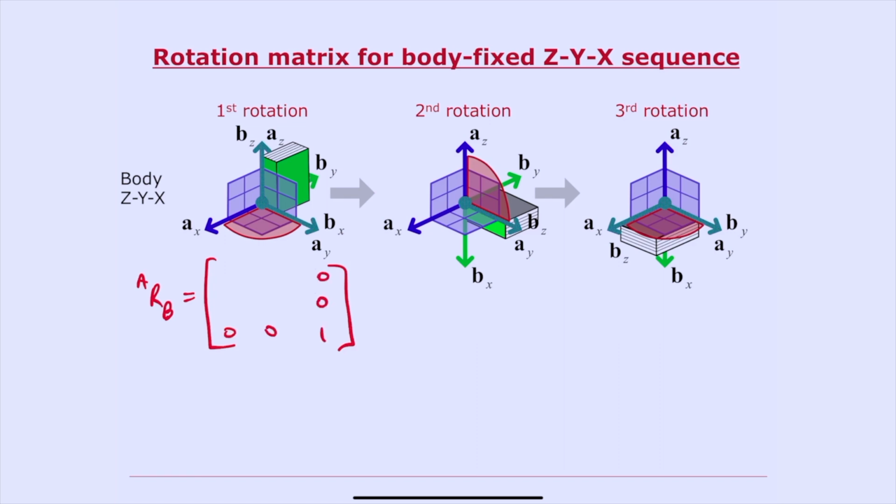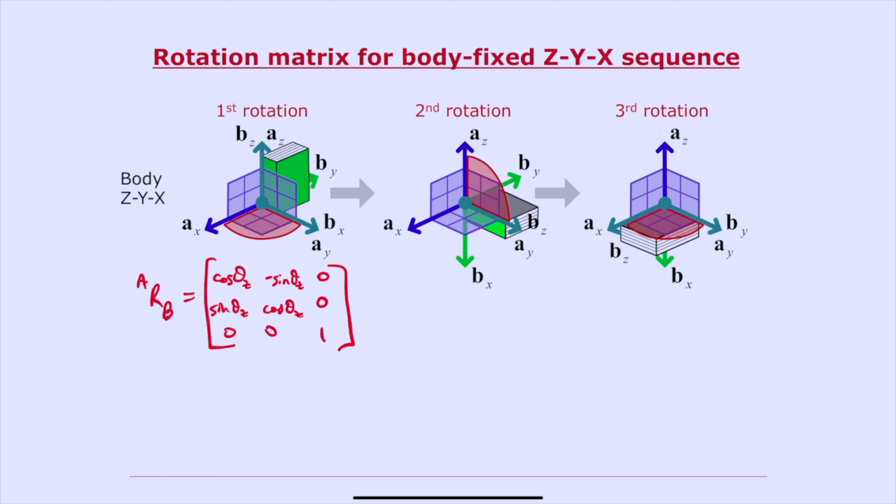The elementary rotation matrix, when the rotation is about z, looks something like this. We have cos theta z, negative sine theta z, sine theta z, and cos theta z. Make sure you get the negative sign in the right spot. So that will be the first part of our rotation matrix.